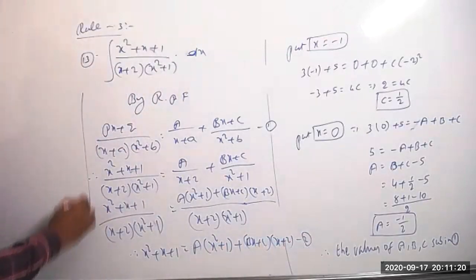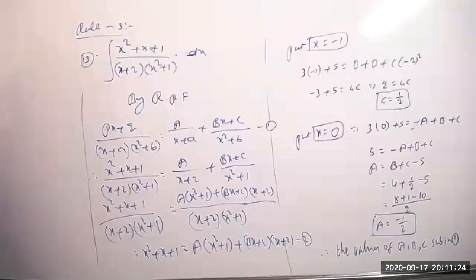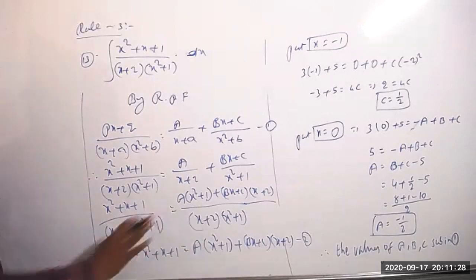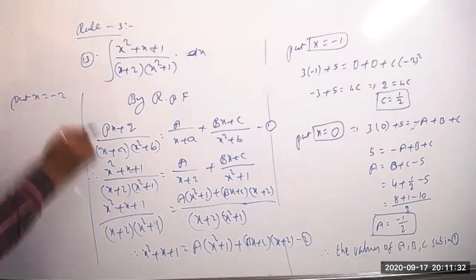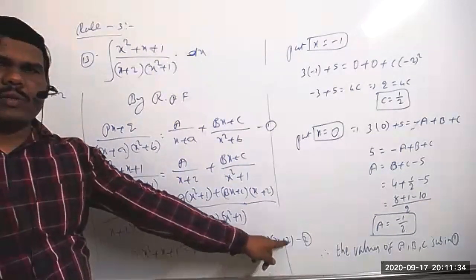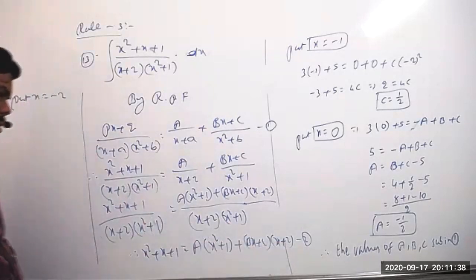Now follow the same procedure for finding the values of a, b, c. Let me put x equal to minus 2, because the second factor is x plus 2. If you take x equal to minus 2, it becomes 0.